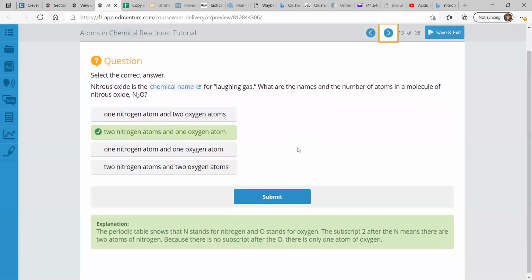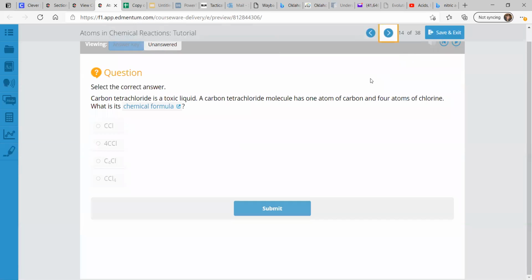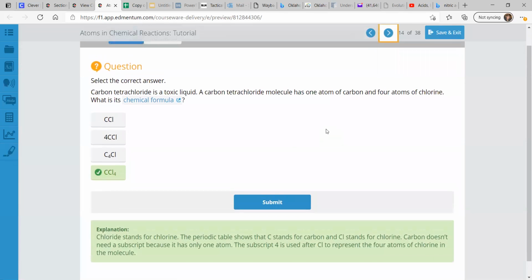So, nitrous oxide is the chemical name for laughing gas. What are the names and the number of atoms in a molecule of nitrous oxide? So we have N2O. There are 2 nitrogen atoms and 1 oxygen atom. Here's another question.